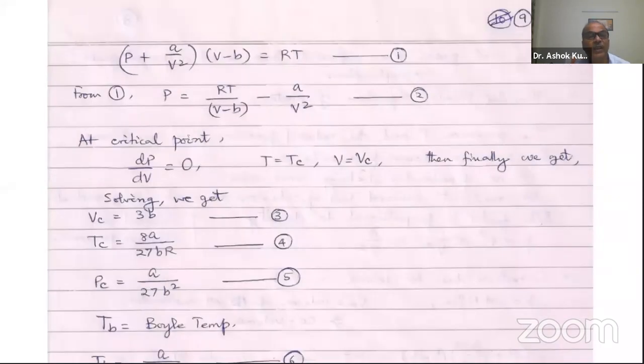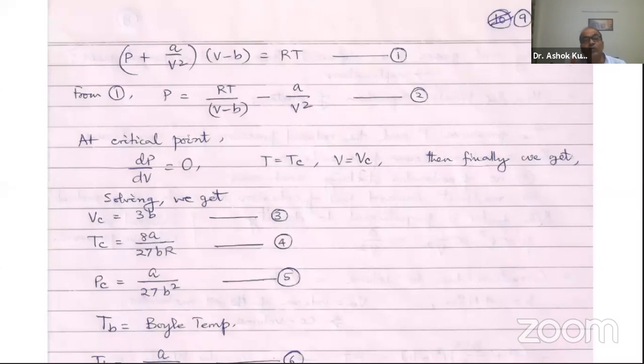So now we come to this point. We have finally the van der Waals equation, (P + a/V²)(V − b) = RT. From here can we write P = RT/(V − b) − a/V², second equation.